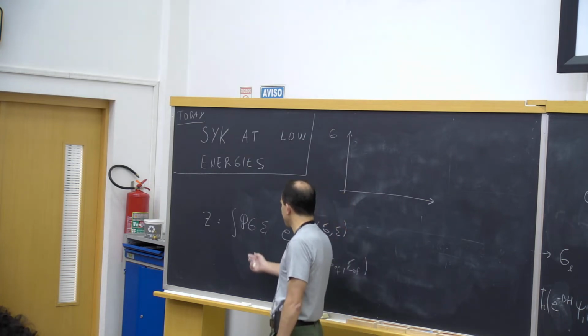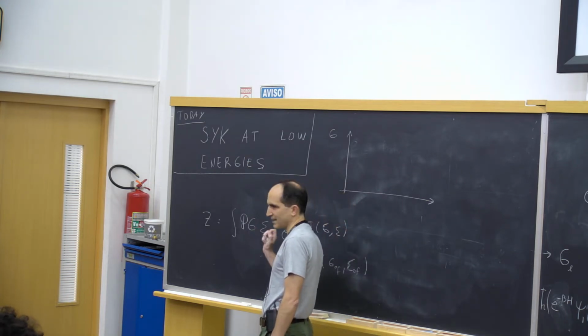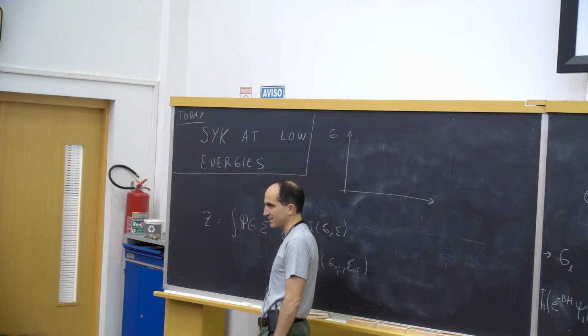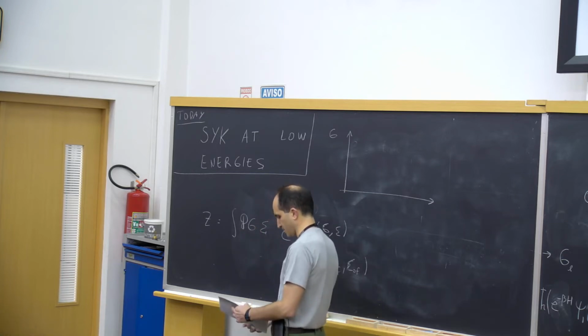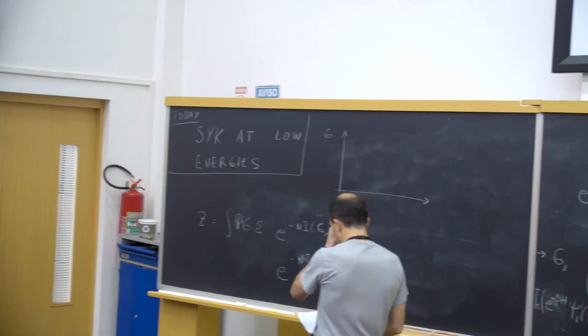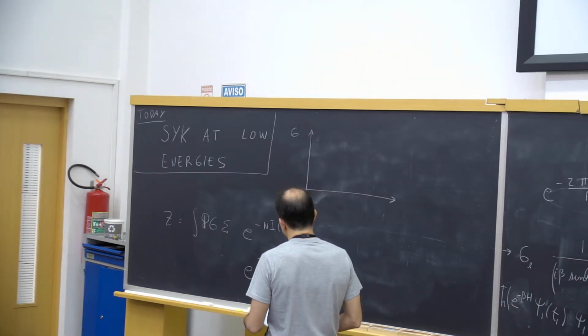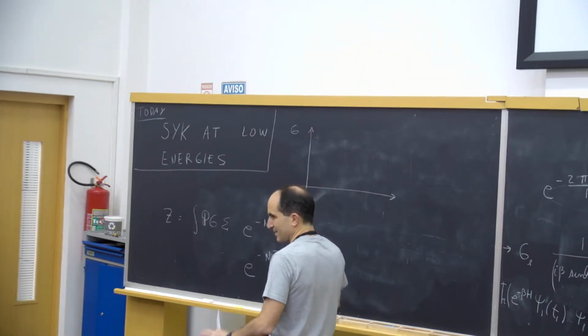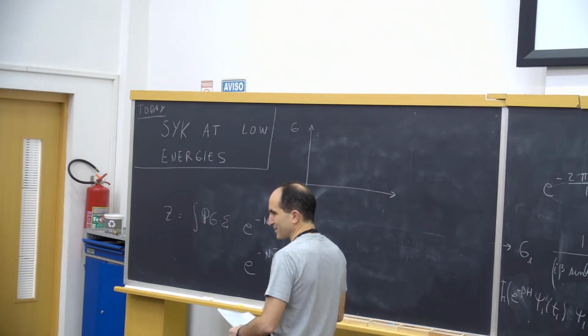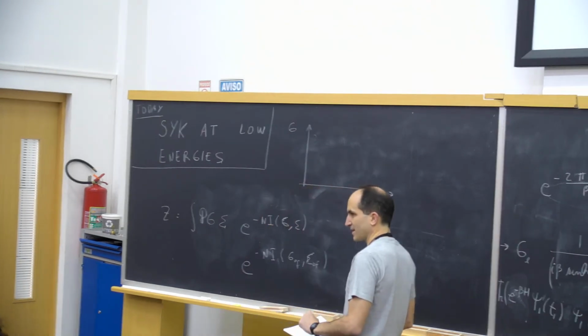The measure of this, remember, came from writing a delta function. So this is a flat measure in the space of G's and sigmas. Yeah, this is an explicit integral, and in some cases people have done some computations using this, some more details of the measure.